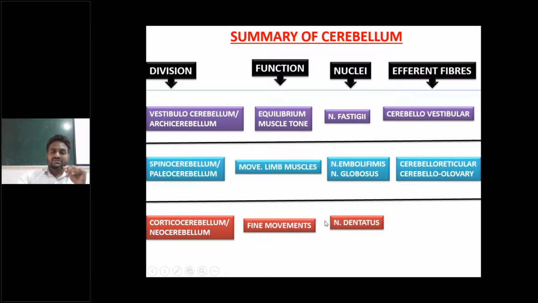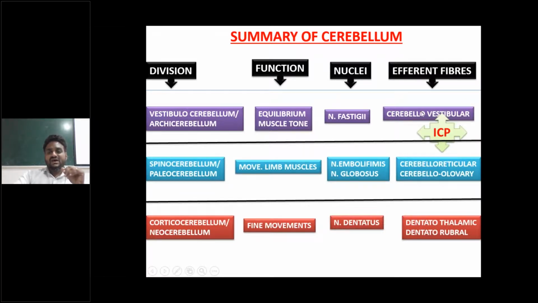Already I told you, this is another short notes question. The efferent fibers from the nucleus dentatus are dentatothalamic and dentatorubral. Of course, these are also named cerebellothalamic and cerebellorubral.